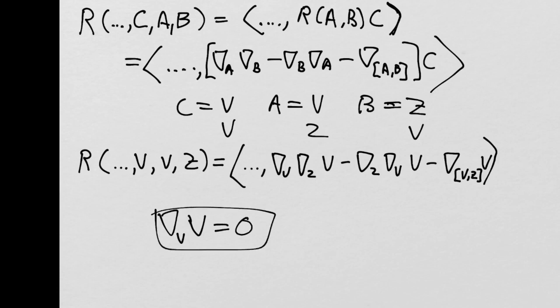That's how we defined geodesic curves. So given that, we can immediately say this term is zero. And because of the way these curves were constructed between V and Z, I already showed you that the commutator was zero. So this is zero, therefore this is zero, because the covariant derivative in the direction of the zero vector is always going to be zero.